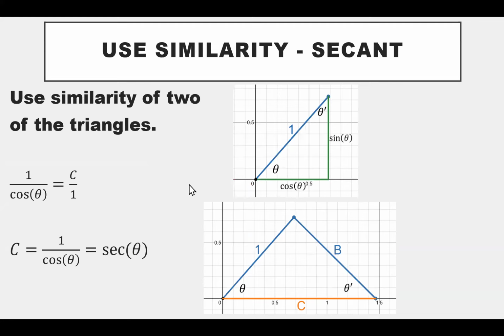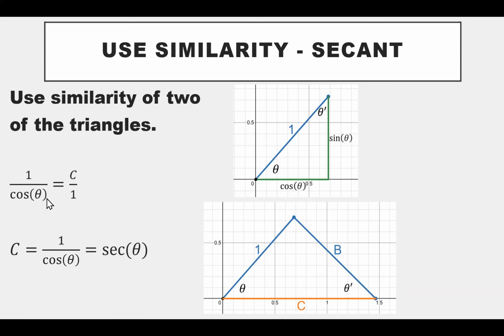So if we take the similarity between that triangle and the triangle from the origin out to cosine theta, sine theta, and then on the x-axis, what we could do is say that the hypotenuse over cosine, notice that cosine is adjacent to the angle theta, is the same as the hypotenuse of this triangle, which I've labeled C, divided by the side adjacent to theta, which is 1.